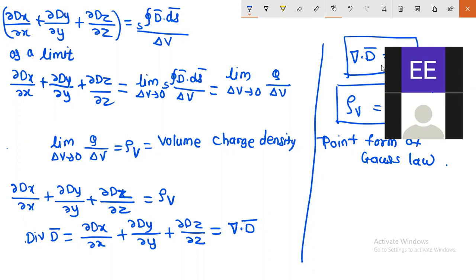Okay, so in this way we covered all the applications of Gauss law. In the next lecture we'll see the divergence theorem and some examples also.